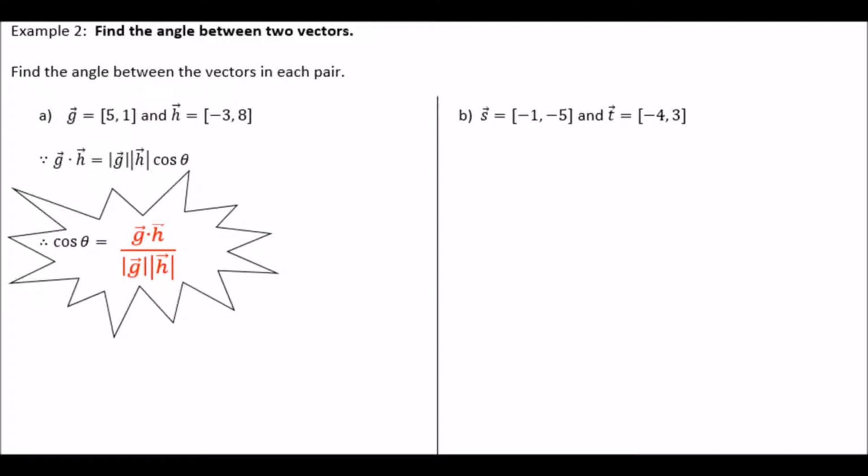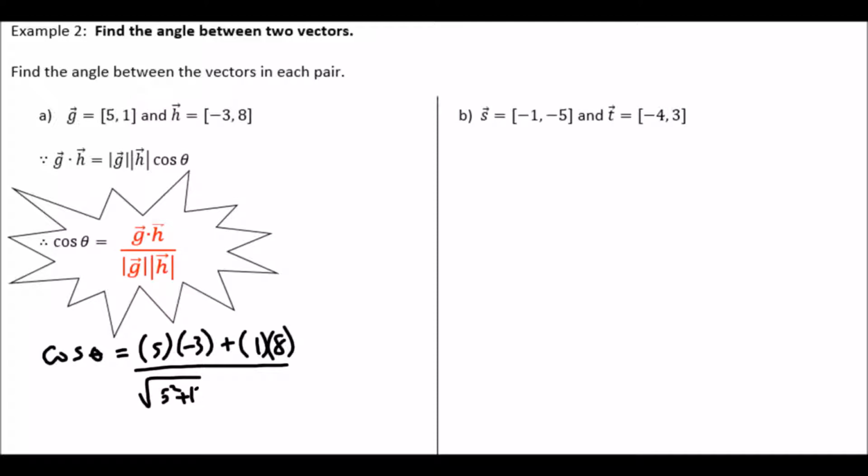So I will get cos theta is equal to the dot product. So here I'm going to have 5 times -3 plus 1 times 8 all over the magnitude of G times the magnitude of H. The magnitude of G here would be square root of 5 squared plus 1 squared, times the square root of -3 squared plus 8 squared.